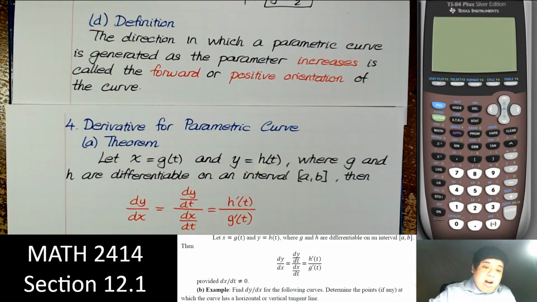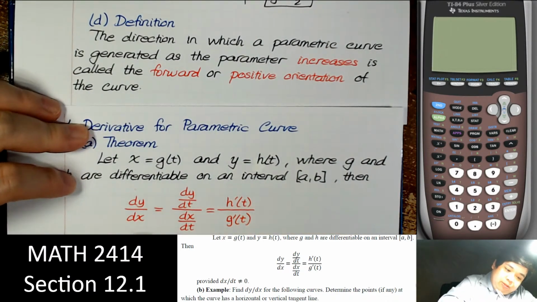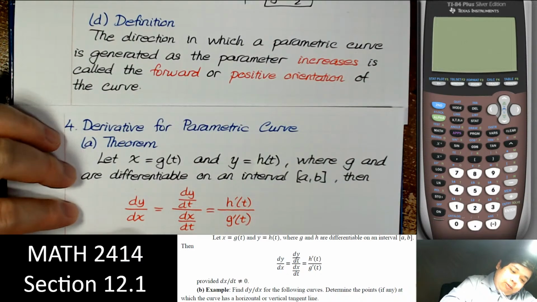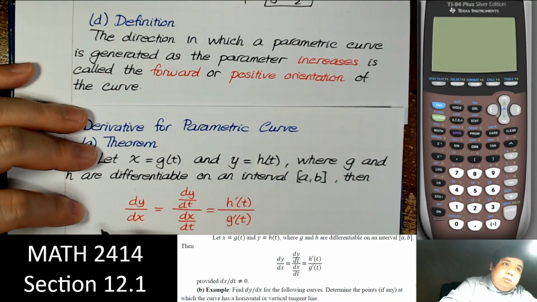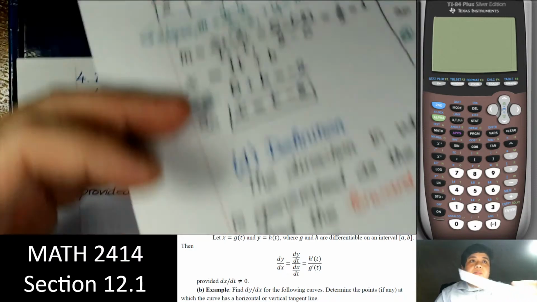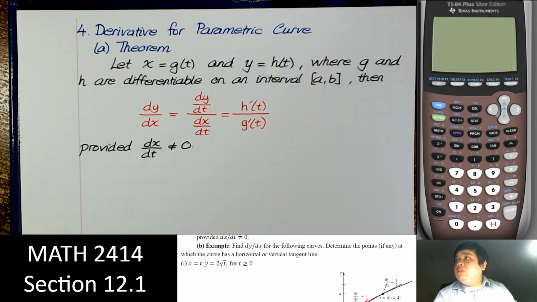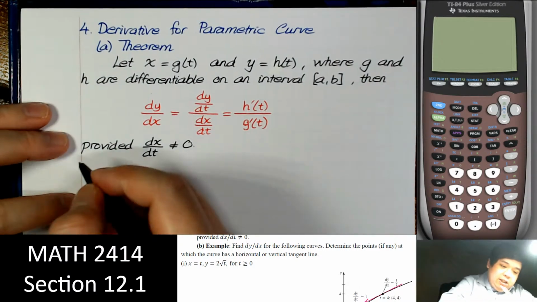And because when we divide like this, the denominator cannot be 0.